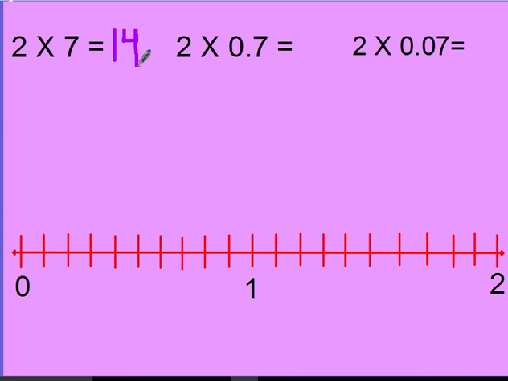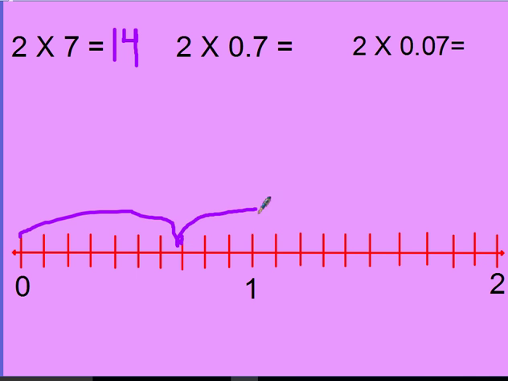So if I draw a number line and show this is showing tenths. If this is 1/10, he started off at 7/10. So he started right here, but he did it 2 times. So here is 1/10, and we've got to go 7 more: 1, 2, 3, 4, 5, 6, 7.